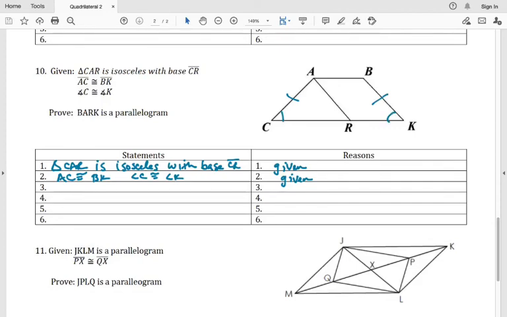All right, the fact that triangle CAR is isosceles tells me that segment AC is congruent to segment AR. And that's just the definition of an isosceles triangle.